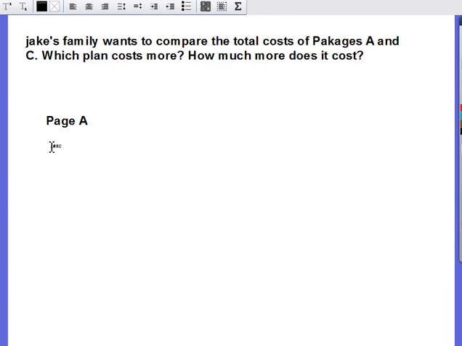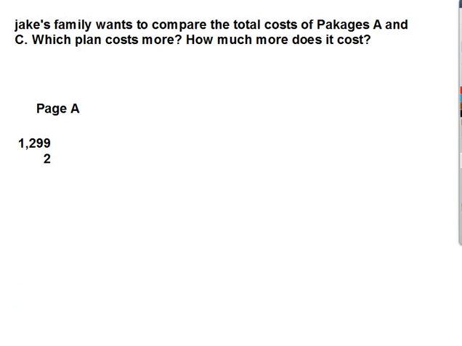Okay, so I'm going to come back here, package A, and remember there's 2 of them, so I'm going to take 1,299 times 2. Okay, so I got my pen out here.